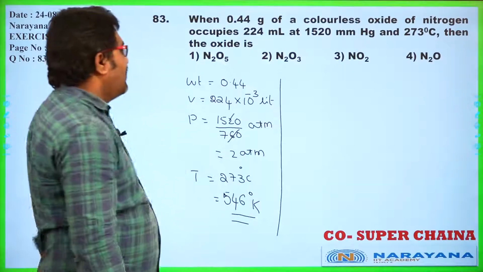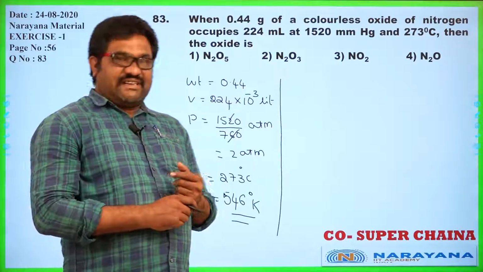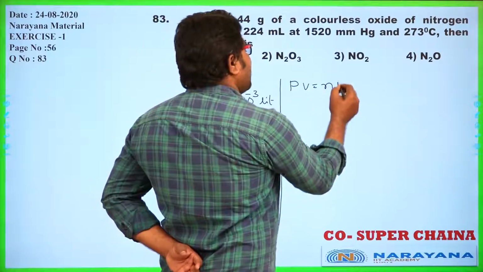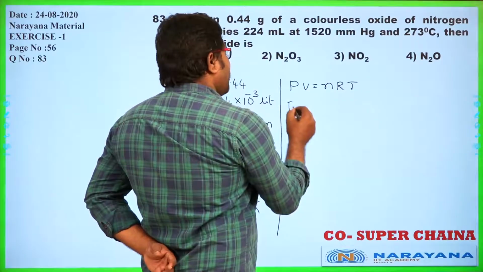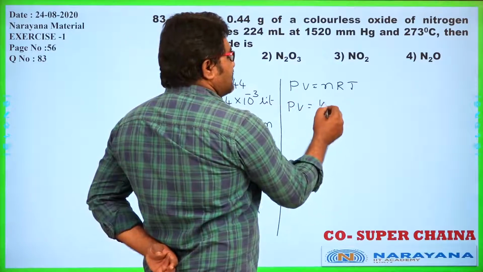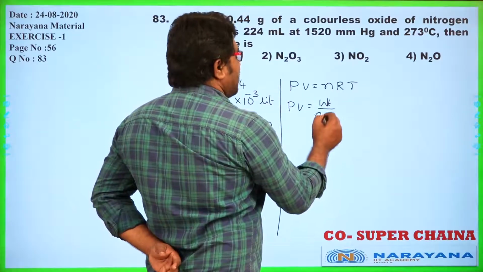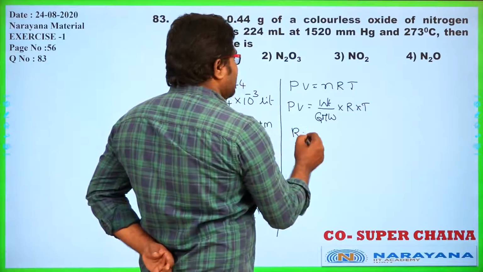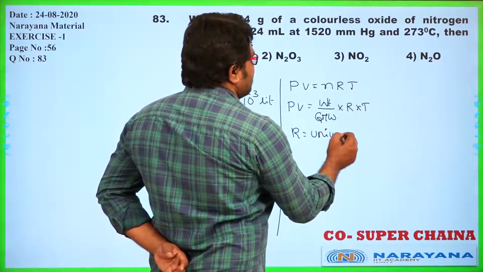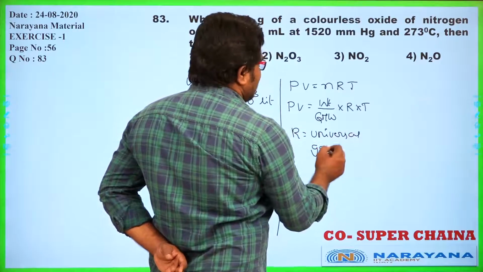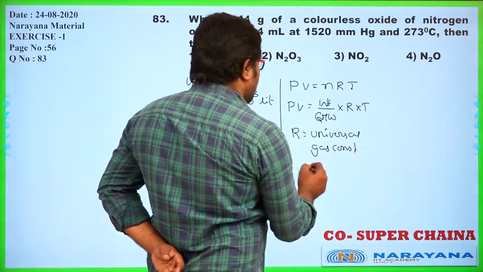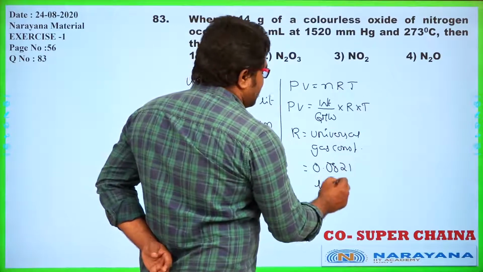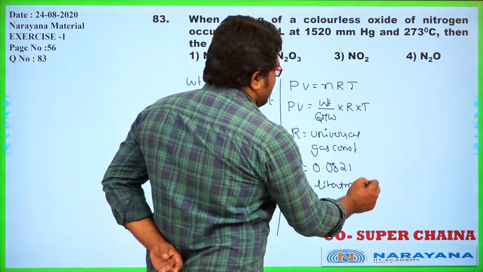Now, to find the molecular weight we use the equation PV = nRT. Here n is the number of moles, given weight by gram molecular weight, into R into T, where R is called the universal gas constant, and it has the value of 0.0821 liter atmosphere per mole per Kelvin.